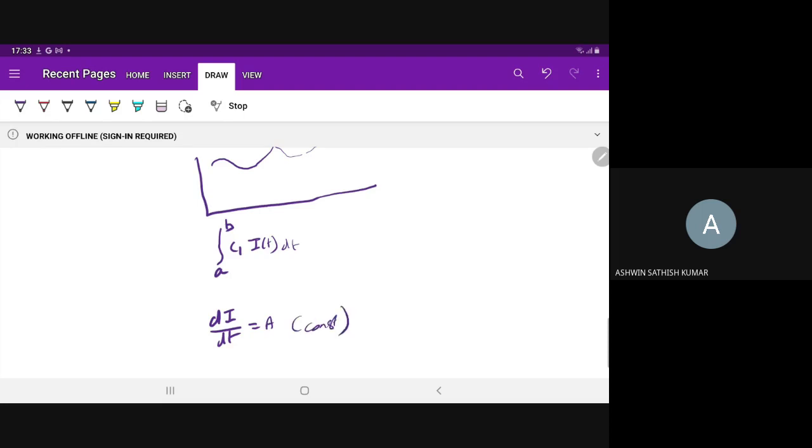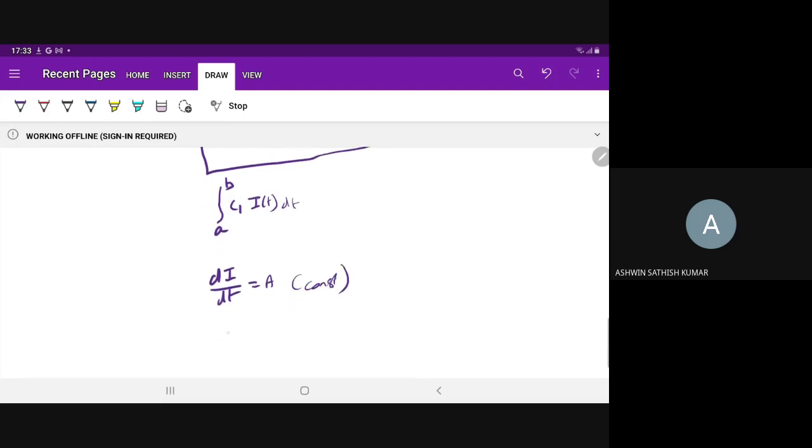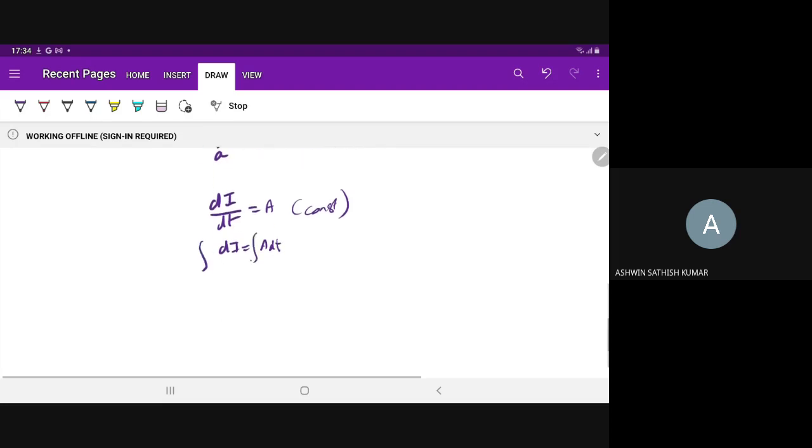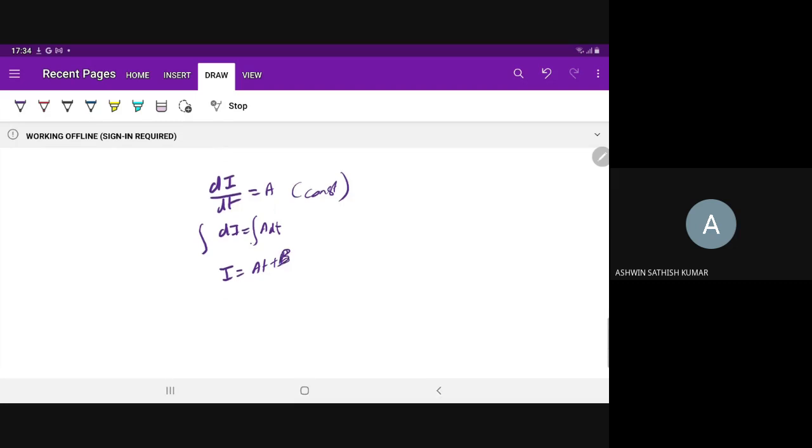Let's say it is A. So it can be written as di = A dt. If you integrate on both sides, it gives I = AT + B, where B is the arbitrary constant.